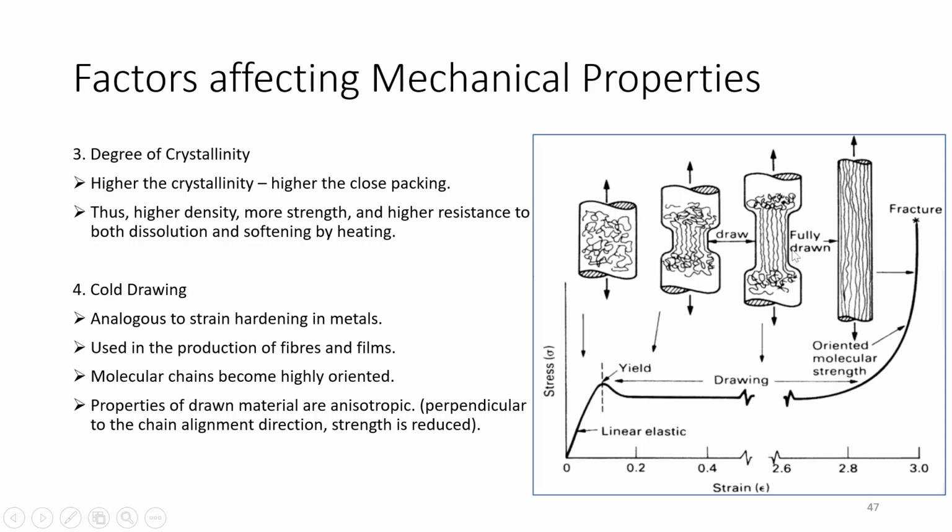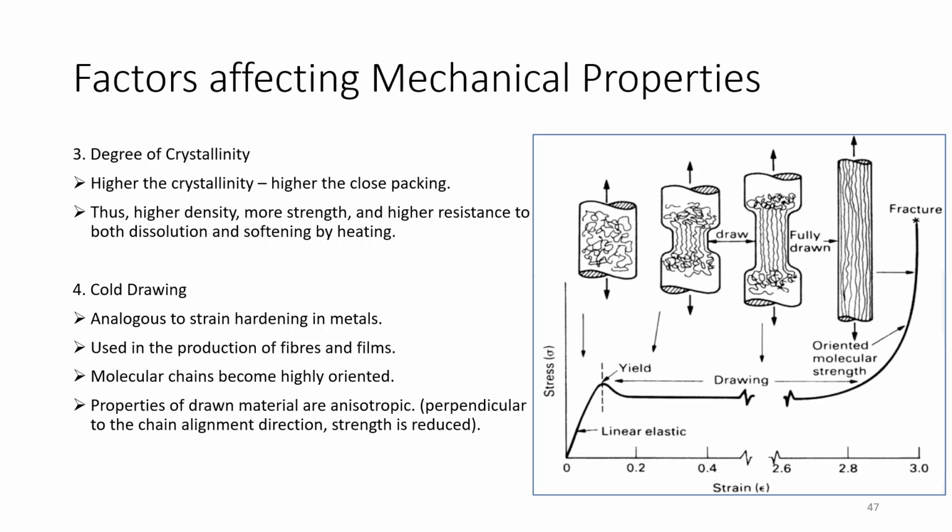So the density of the material will go high and close packing will be there. These higher density regions will also have higher strength because of higher linking and higher resistance to both dissolution and softening by heating. These regions won't undergo softening, and they will be resistant to dissolution as well.